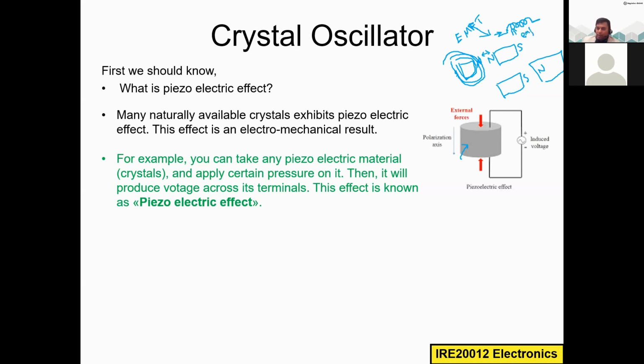EMF means electromagnetic force or electromagnetic field. This is the same as the magnet. The magnet has some kind of magnetic field around it naturally, but in this inductor or copper windings, when we apply the electrical current, it will produce some kind of magnetic field. This magnetic field is because of the electricity. That is why we call this an electromagnetic field.